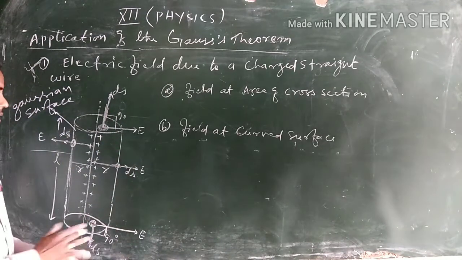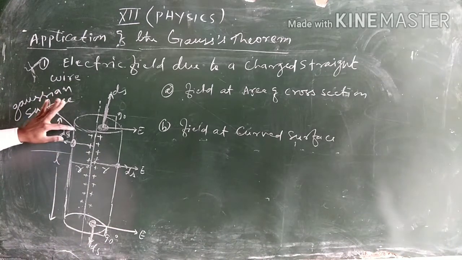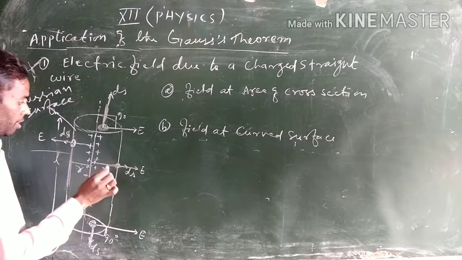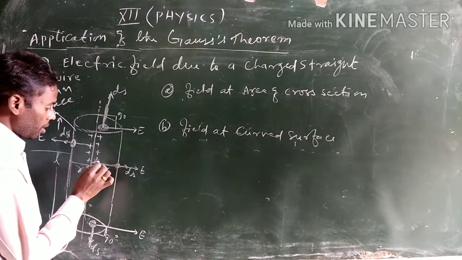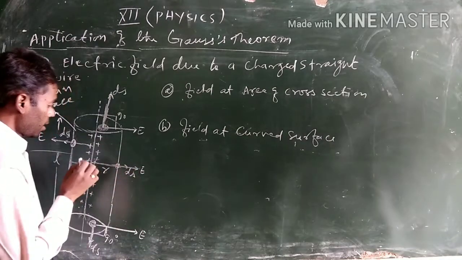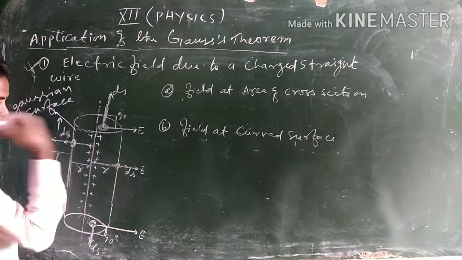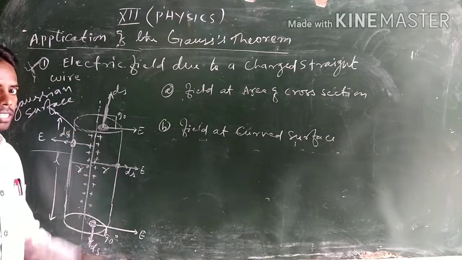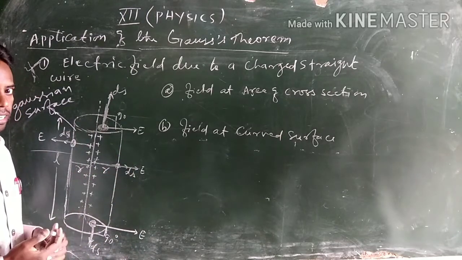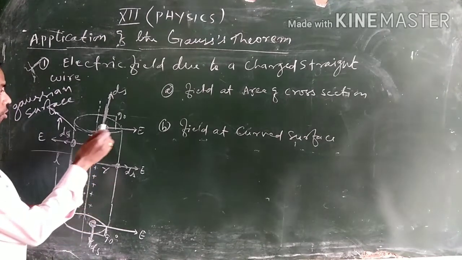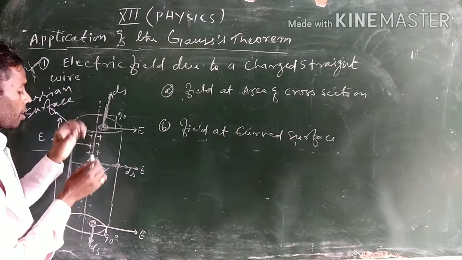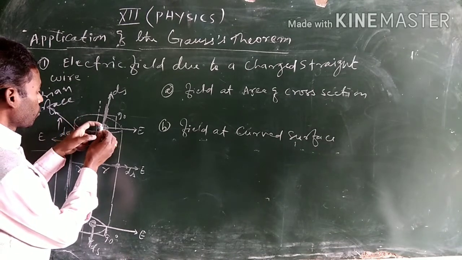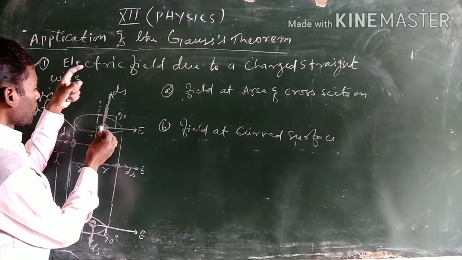Then this is our Gaussian surface, and the electric field lines go this side and this side also, and this side, that side, in the whole area of the curved surface of this cylinder, right? Here, suppose the area of cross section of the wire is like this, the direction of the area will be this side.